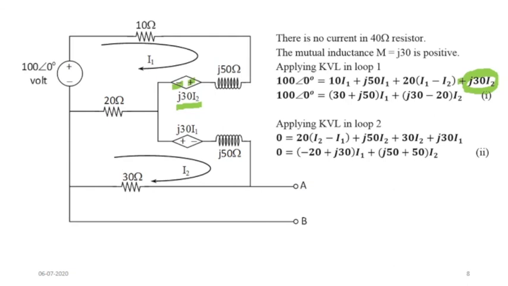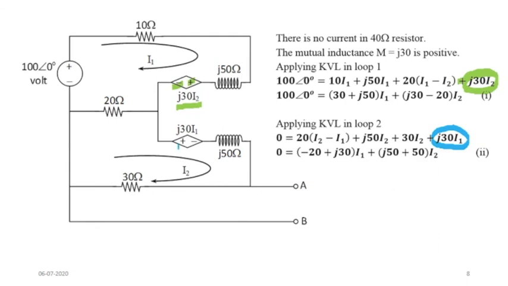Similarly, if we look at the other equation, this term J30I1 is on the voltage drop side, so the polarity would be from plus to minus as per the direction of this I2.